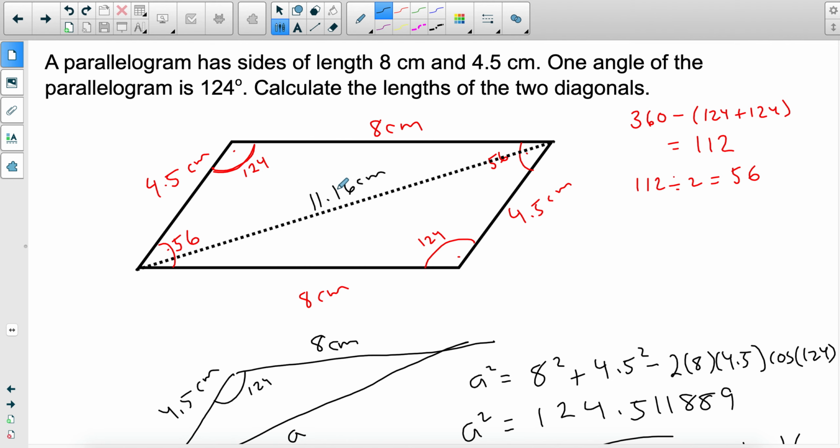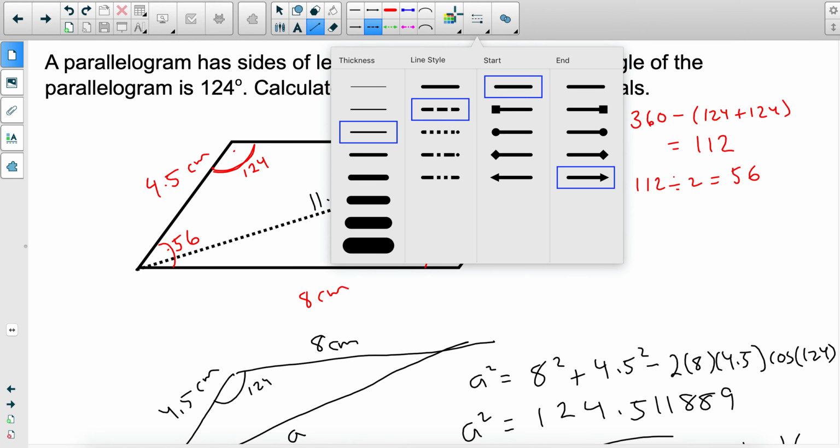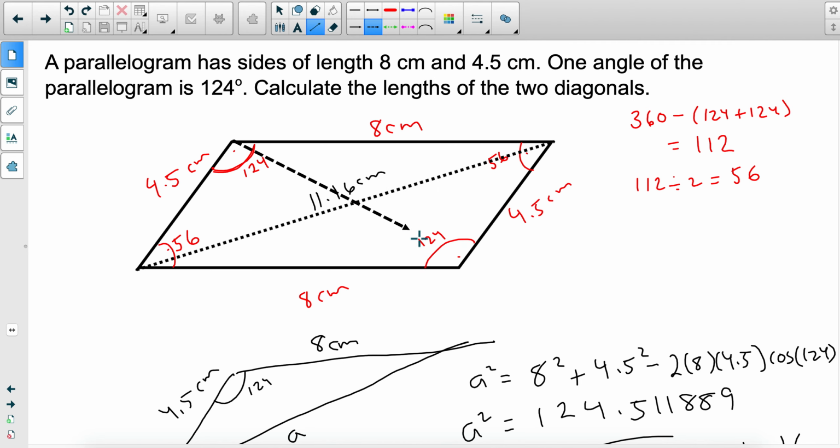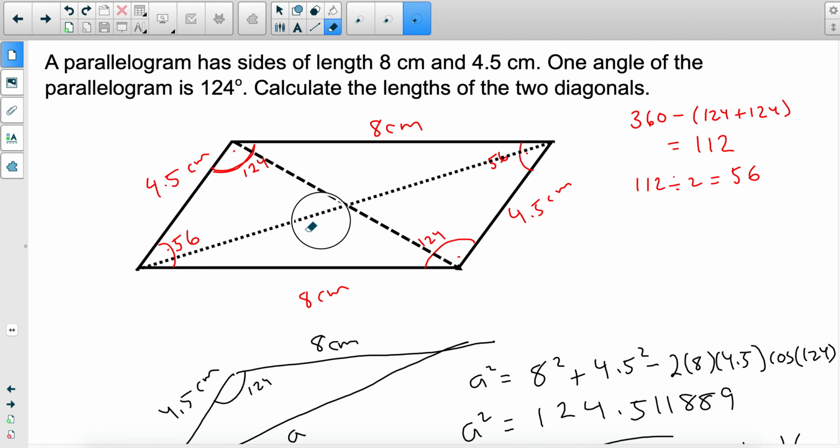Just a point that I should make before you attempt this. Some of you might be tempted to go, well, if I draw the diagonal here, then this is 90 degrees. You might assume that this is 90 degrees. It isn't. And you can try to find the values, and you'll notice that this is not a 90 degree, and so you can't use a right angle triangle here. This will only be a 90 degree if the parallelogram was actually a rhombus.